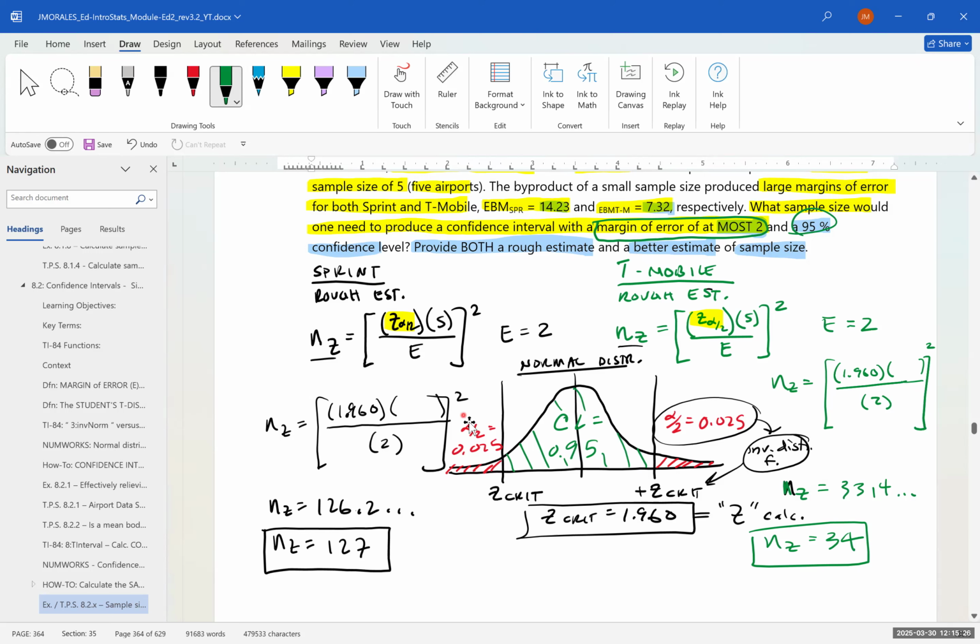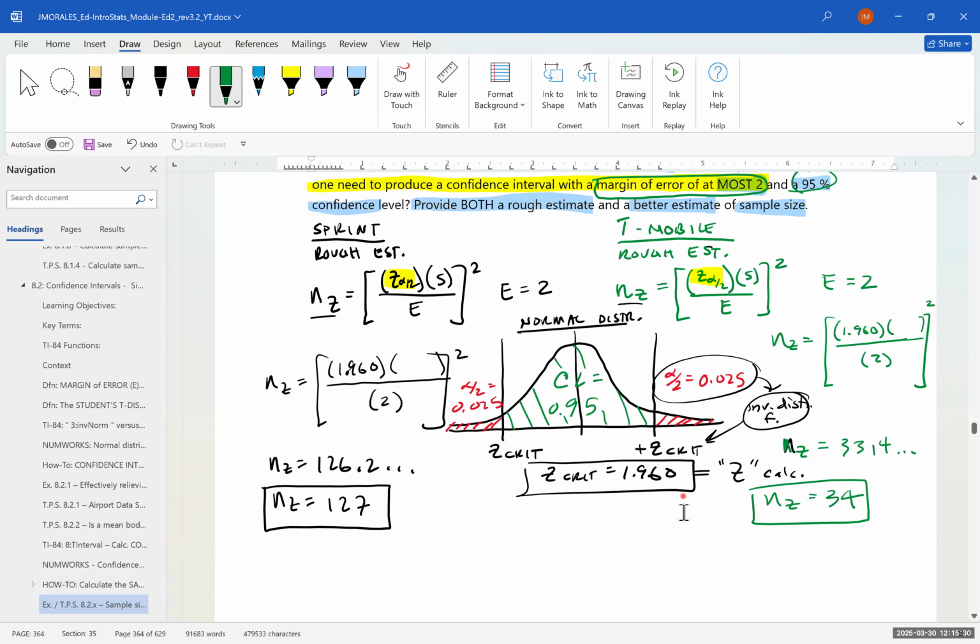But another way to look at it is, well, you want to choose the higher of the two. So that maybe you would sample 127 Sprint airports and 127 T-Mobile airports. That's another way you could do it.